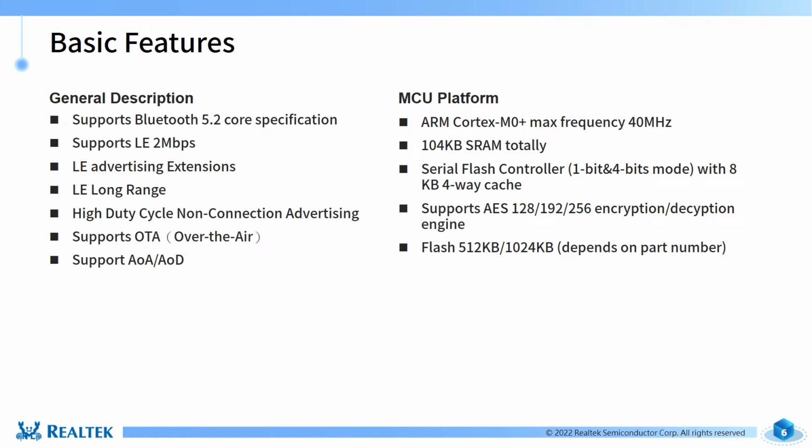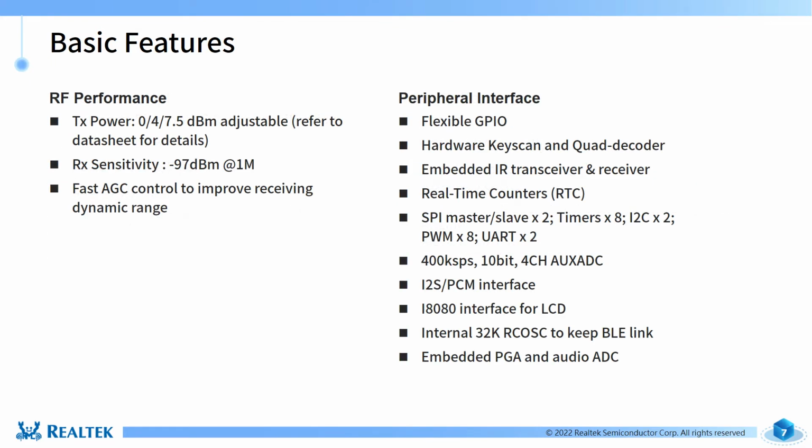Here are the general features and core parameters of the RTL8762E series, including supported functions and features of the M0 Plus core. Here are some metrics and peripheral interface information for RF.